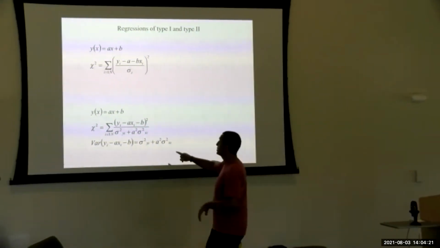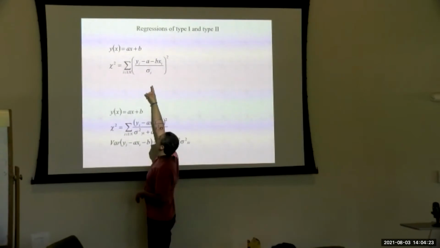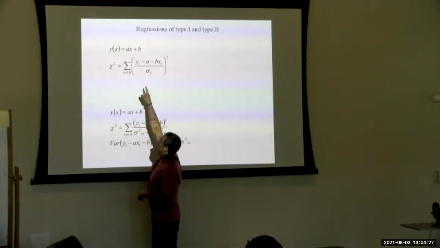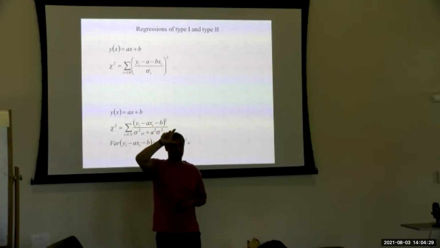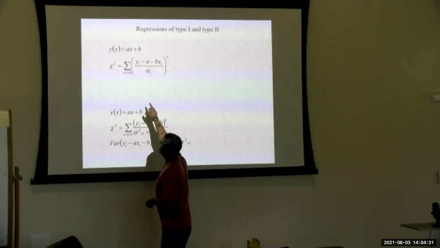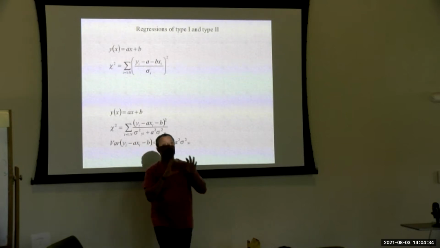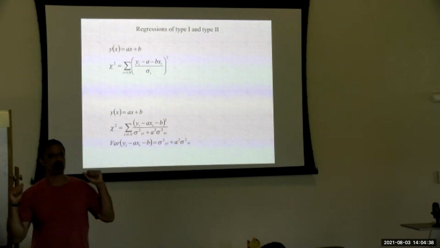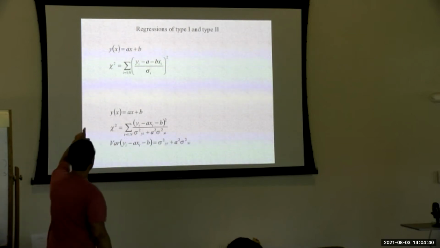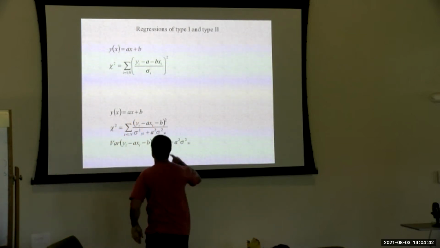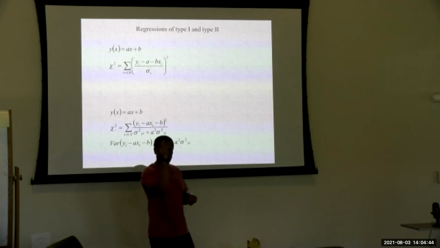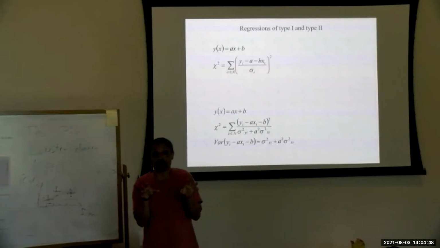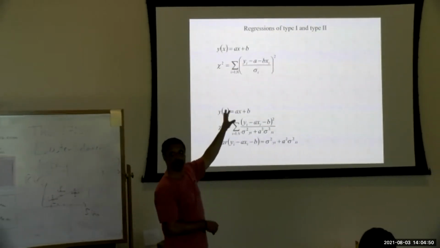In type 1 regression, you only minimize in one direction, the direction of y, when you're trying to get A and B. So you have a cost function for line fitting, which in this case is least squares, the sum of squared values. You can fit without squares too, but this is typically what you have in your package.